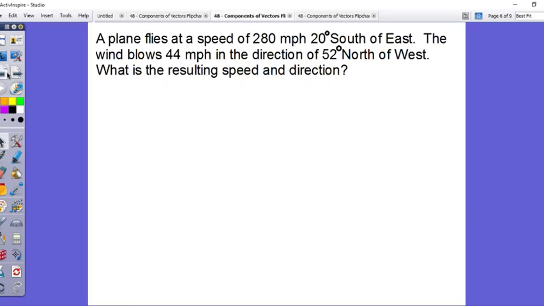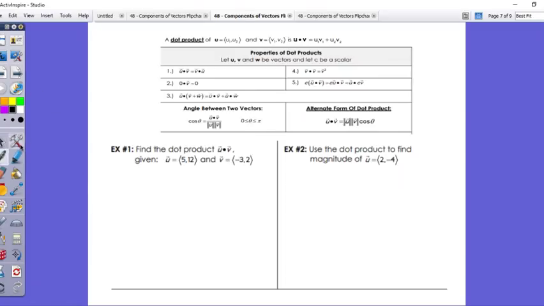So we have 3 examples. I just want to get through dot product. We're going to do the other 2 in class. So a dot product is when you multiply 2 vectors, and the result of a dot product of 2 vectors is not a vector, but a scalar.